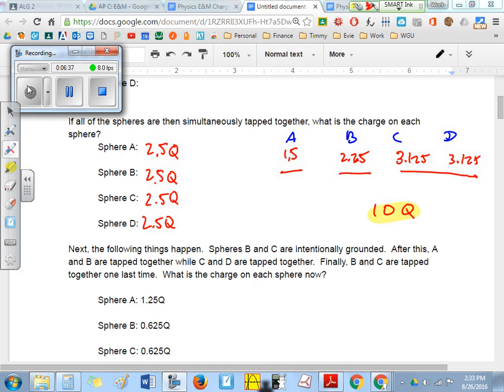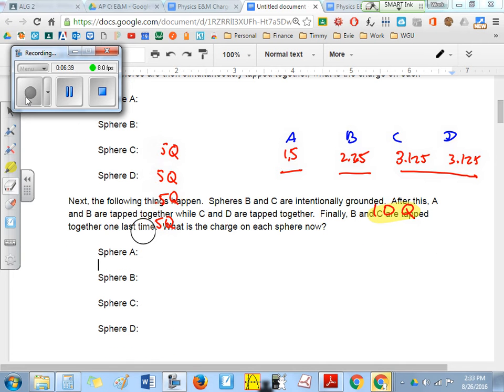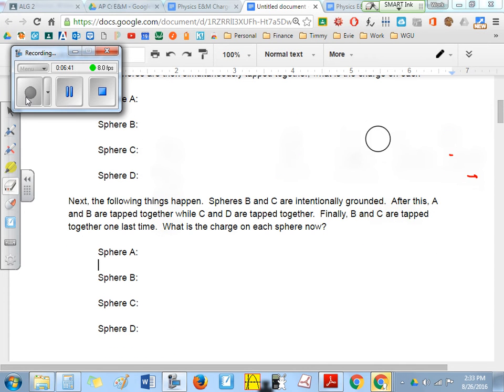Okay, let's go to the next one. Now it says 2 more things happen. Spheres B and C are intentionally grounded. This is different now, now we're bringing in a ground. So all the spheres were 2.5Q, but spheres B and C now have charge 0. When you ground something, it loses its net charge.